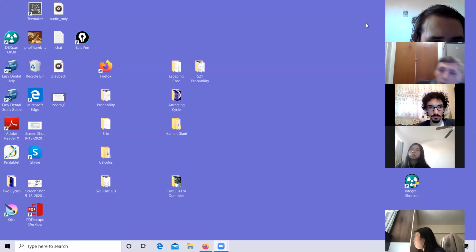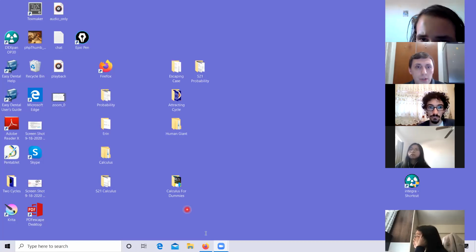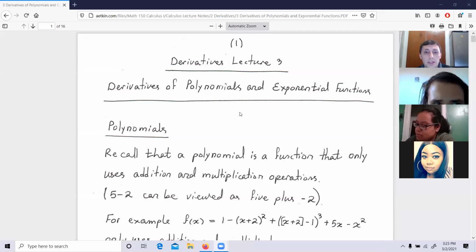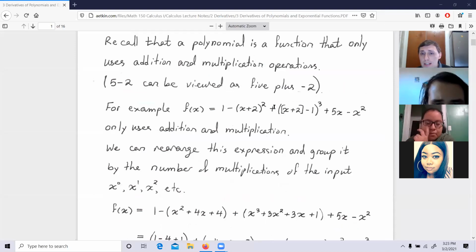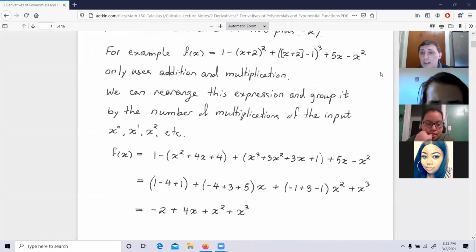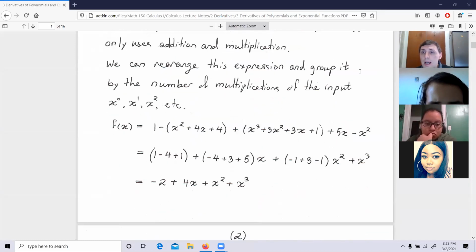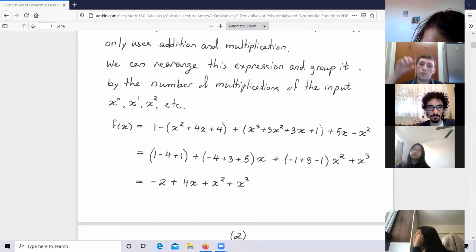Now, do you remember why we write polynomials as we do? That's very simple, right? Look at it. You see this function uses x several times, right? So if I regroup it, if I group the operations, I can see operations where no x was required, operations where 1 x was required, operations where multiplication by x twice was required, and so on.